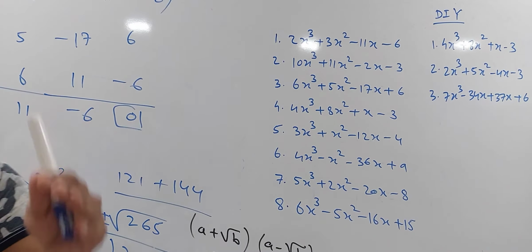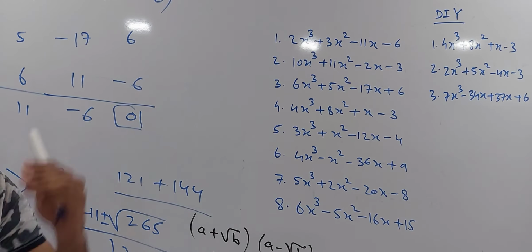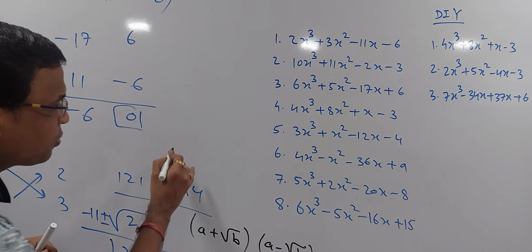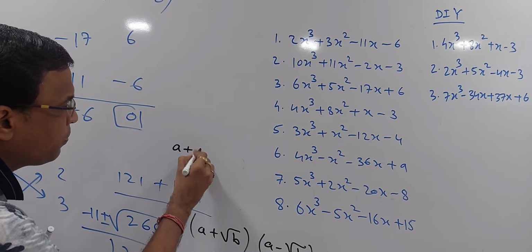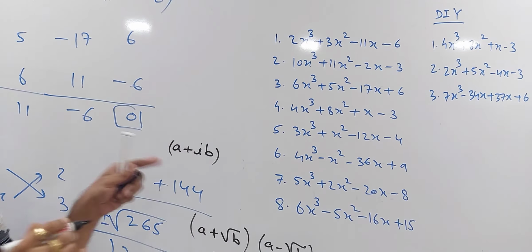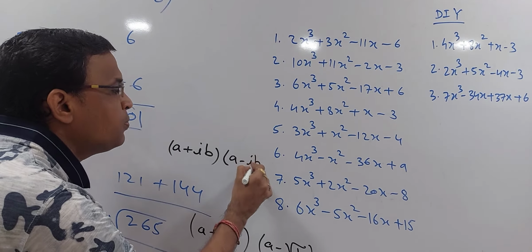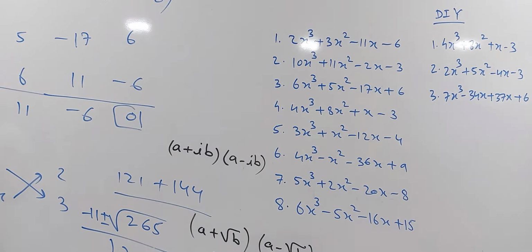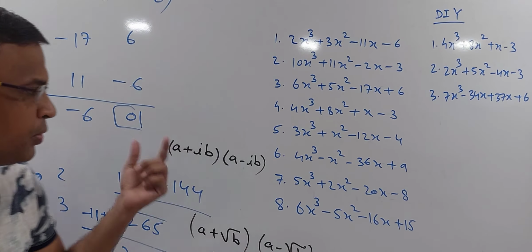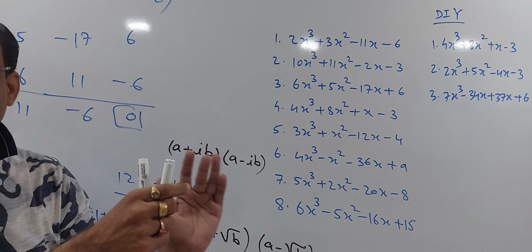Again, suppose we are getting a complex root. Complex roots will come in the form a plus ib. If one root is a plus ib, the second root will be the conjugate a minus ib, confirmed. They come in pairs only. That's why we subtract an even number, 2.